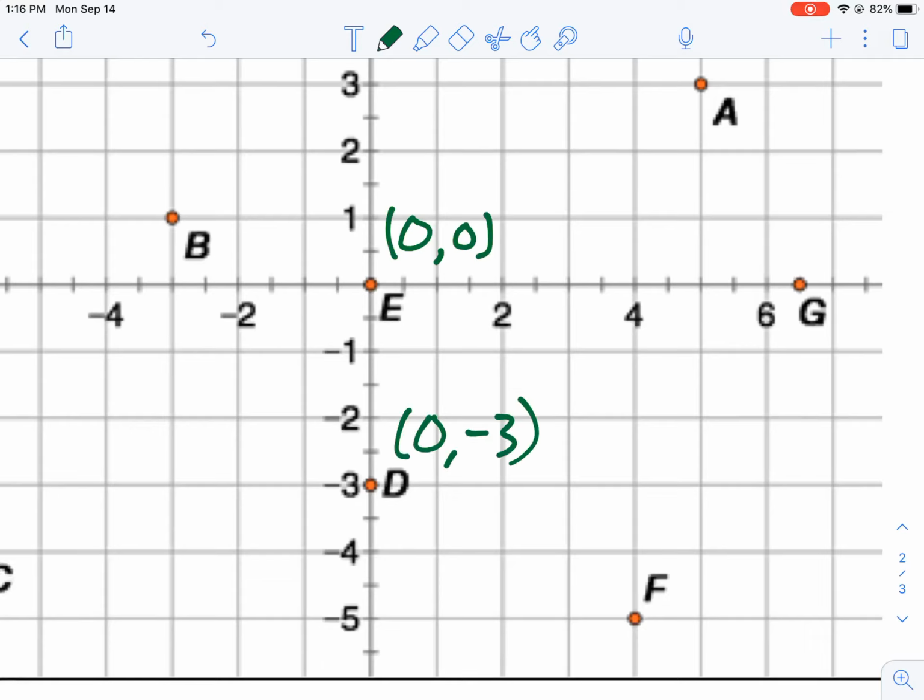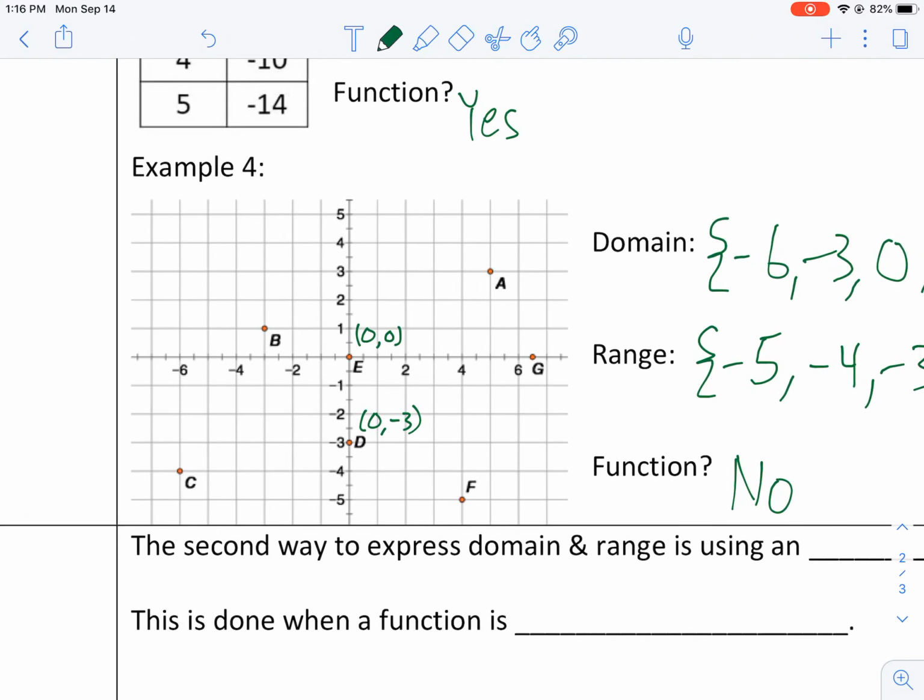So the input of 0 actually has two outputs here. So that's why this relation is not a function, because 0 has two outputs.